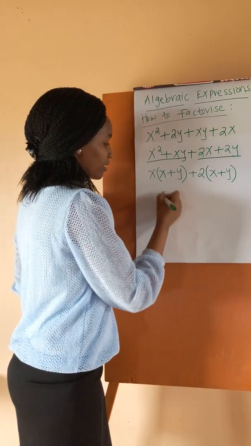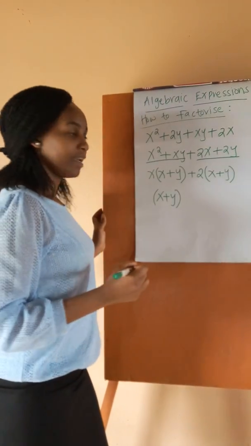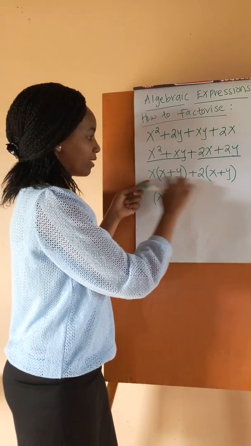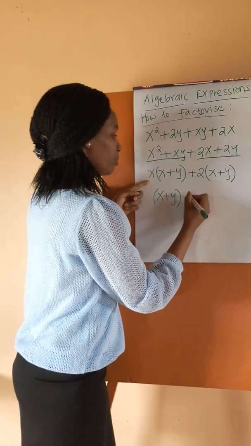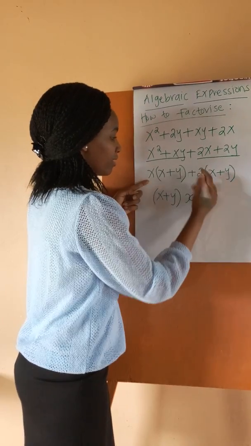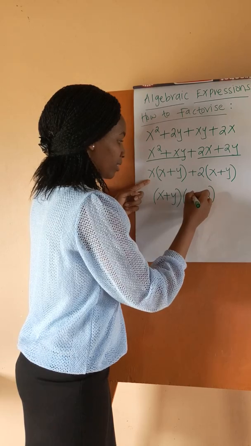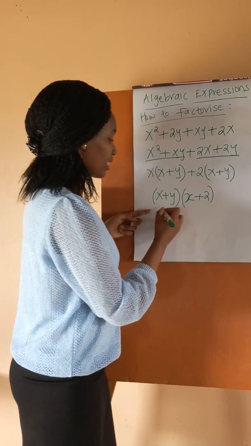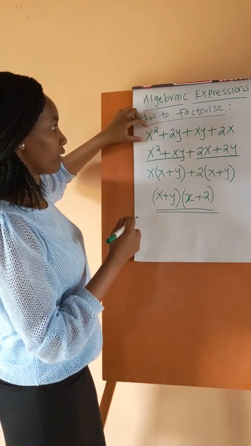This is x plus y, close that bracket, and then we pick a letter and a number, those factors that are outside the bracket. We pick x here, and then you have plus 2 here, and then you close the bracket. This gives us the two factors that are making up our expression.